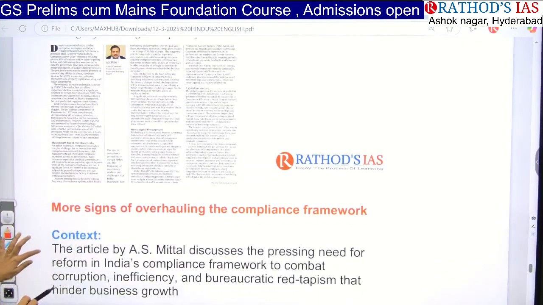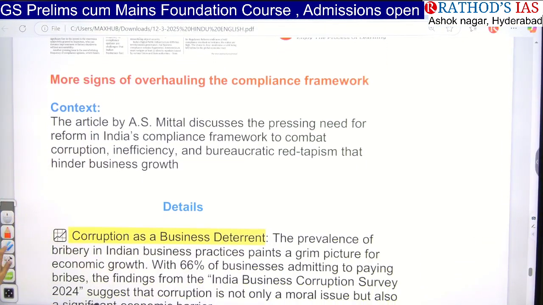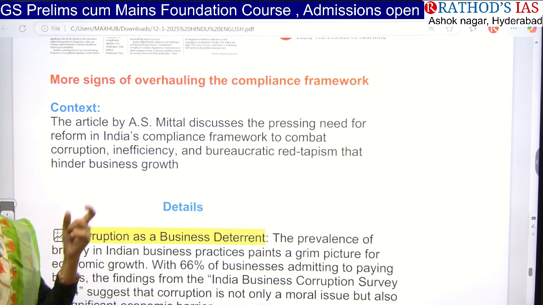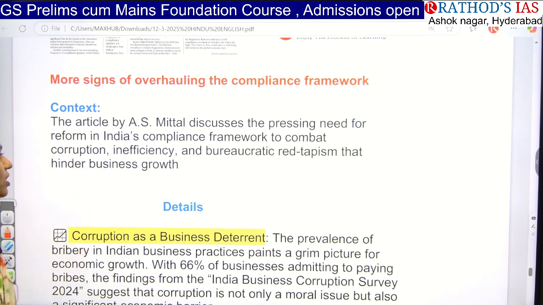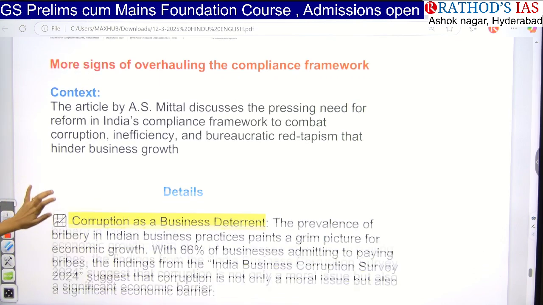So now let us see this article. This article mainly says that we have to come up with some reforms in India's compliance framework so that we can combat this corruption. Here let us see where this corruption is happening.